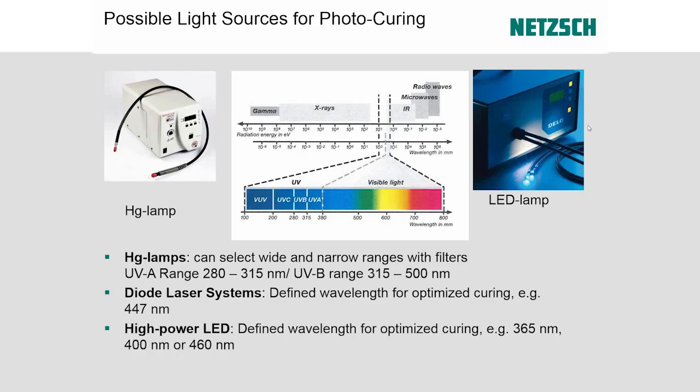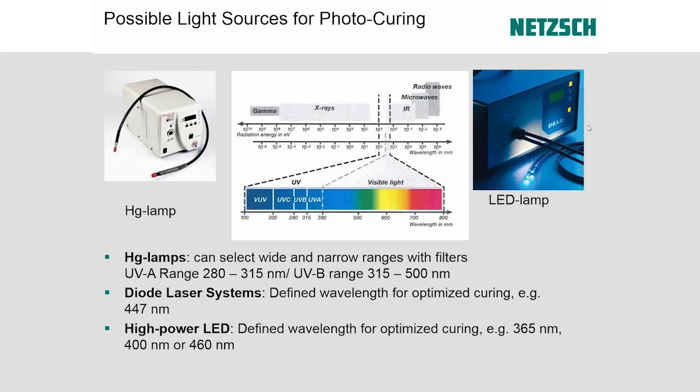More recently, we've been switching over to more high efficiency, limited wavelength systems like diode lasers or high power LEDs. Now, these can be much more efficient both on power and heating, but they have to be optimized so that your initiators are active in that specific wavelength range. Whereas with the mercury lamps or the broad wavelength other lamps, you're able to have more wiggle room as far as the initiator wavelength.